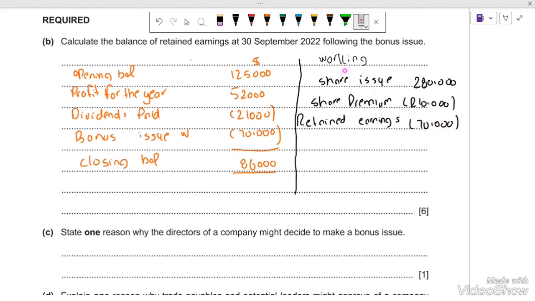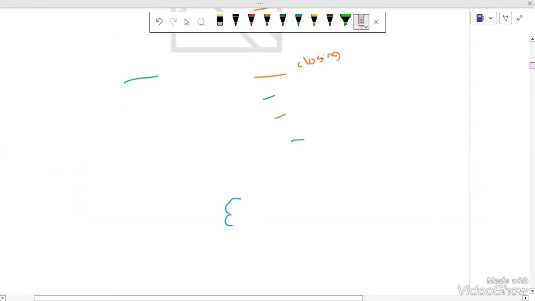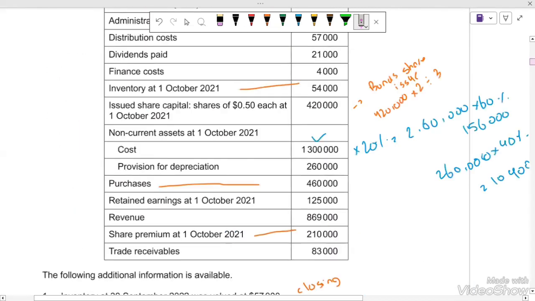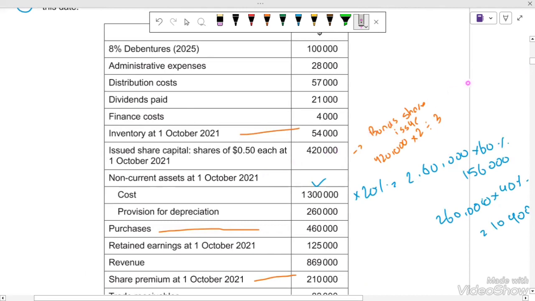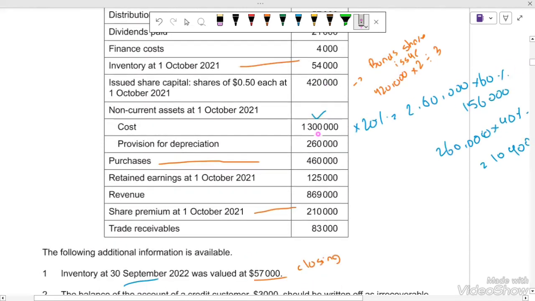This is the previous year's retained earnings, but we have to find the retained earnings for 30 September 2022. The opening balance, at the start of the year, was 1,25,000.